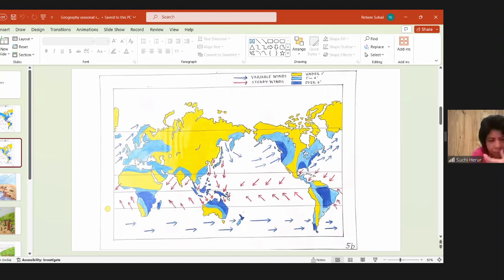Ma'am, it becomes warm, rises up, and at a certain point meets cooler air, condenses, and there's precipitation. That's one of the reasons for the heaviest rainfall. That's what you're trying to bring the focus of the children to. Yes, because the sun's rays are there and the air is warmer there.